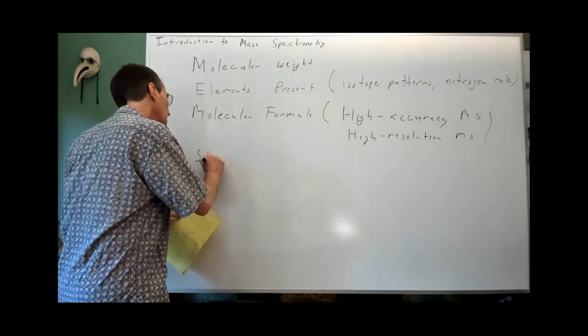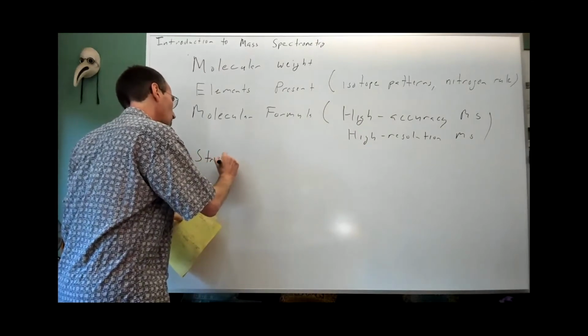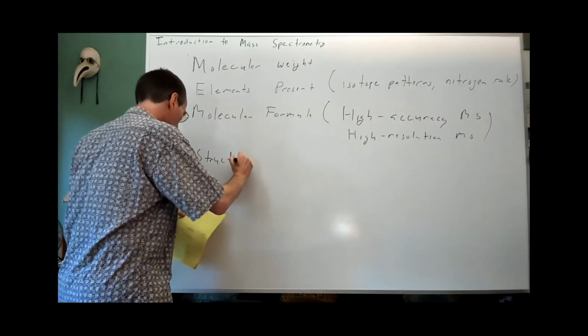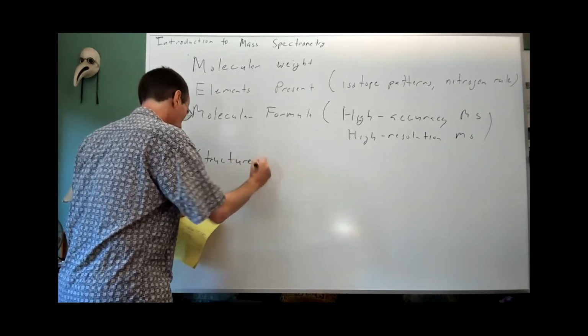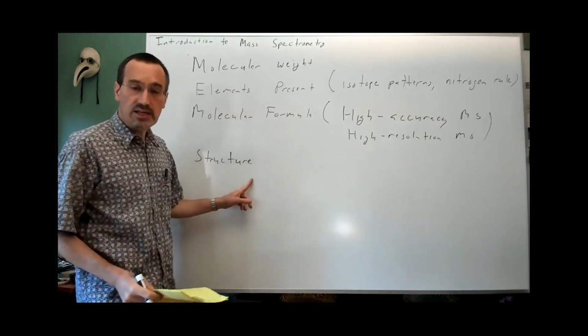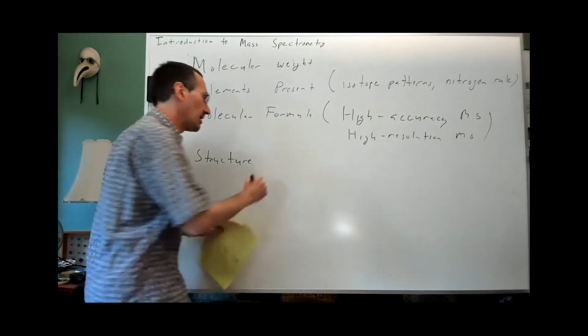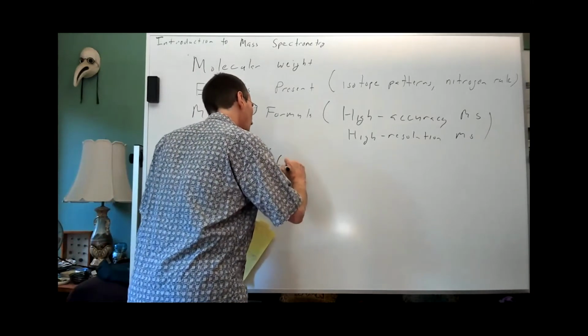Also, particularly in the case of biomolecules, you can get information on what the structure is from, in the case of small molecules and EI mass spec, the fragmentation pattern.